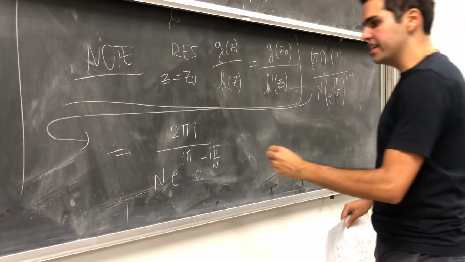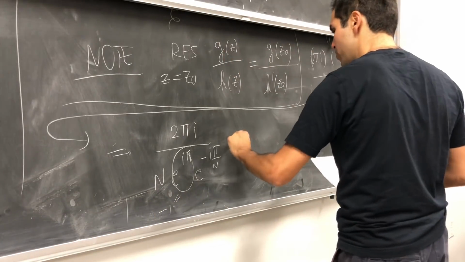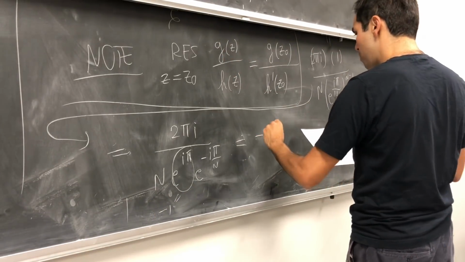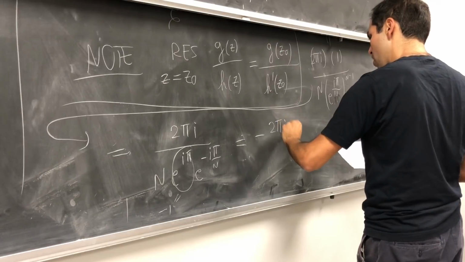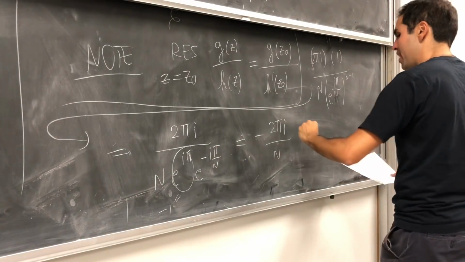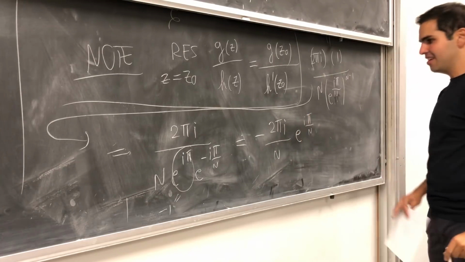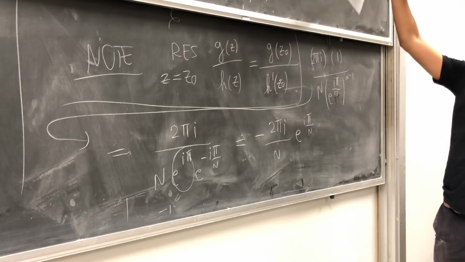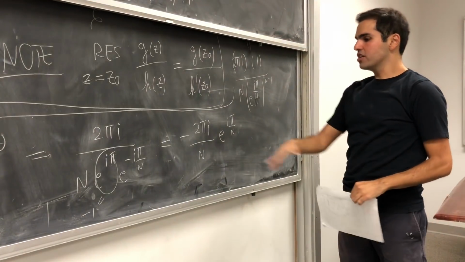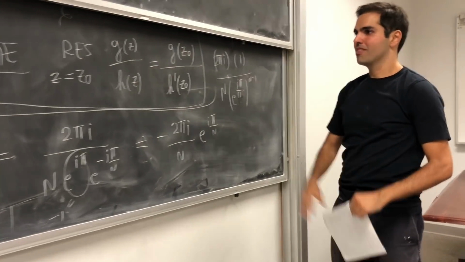But the nice thing is, e^(i pi) is just minus 1. So in the end, we get minus 2 pi i over n, and then 1 over e to the minus i pi over n becomes e^(i pi over n). Great! So in other words, the whole integral is just minus 2 pi i over n, e^(i pi over n).